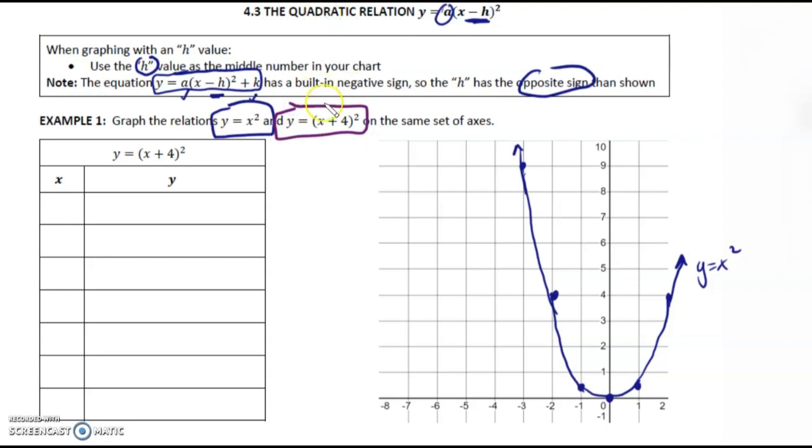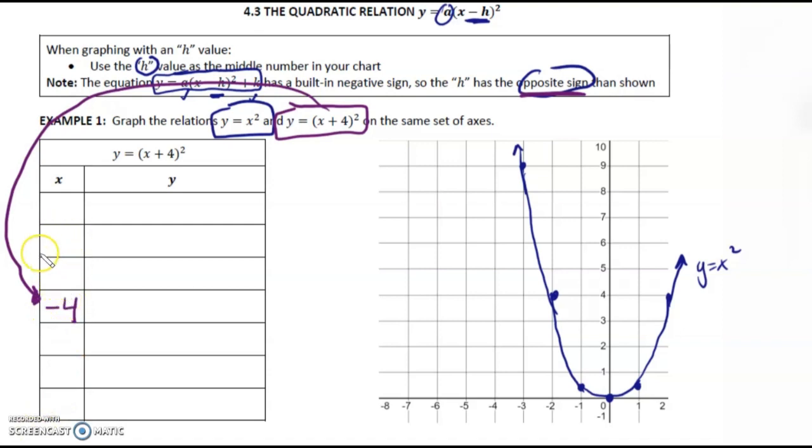Now, y equals (x plus 4) squared. This is what we're going to have to graph. This 4 goes in the middle here, and it has the opposite sign. So instead of being 4, it's actually negative 4.